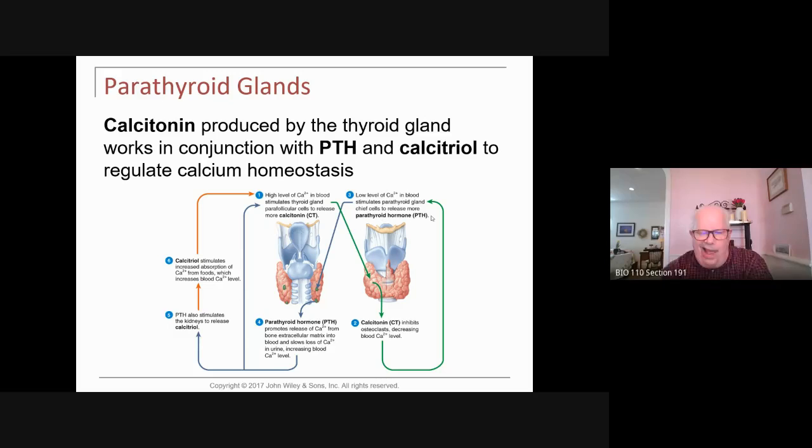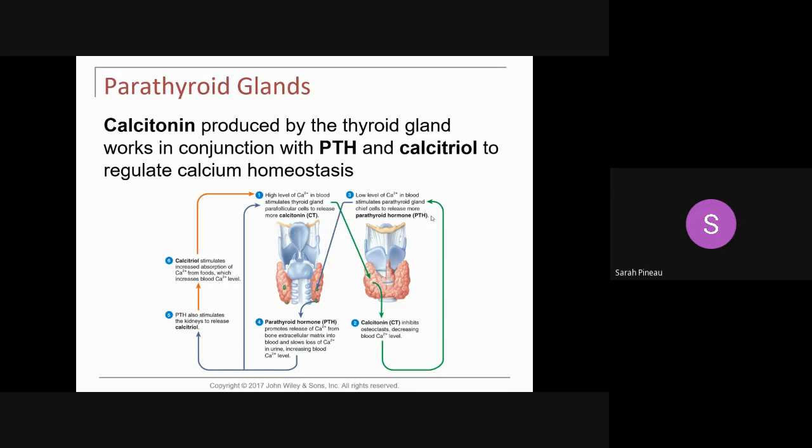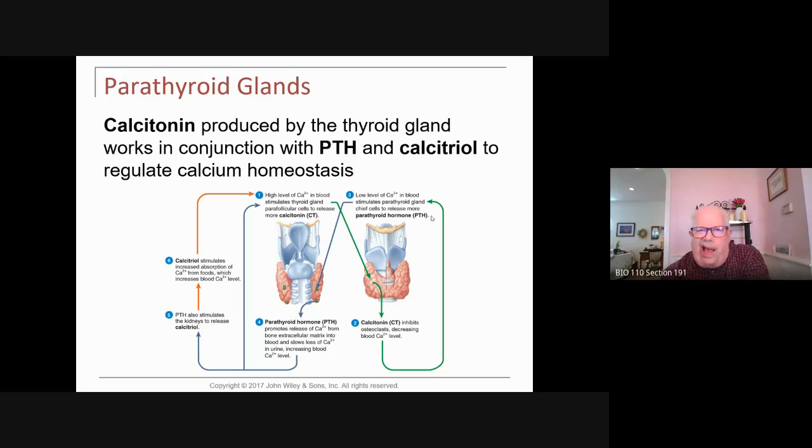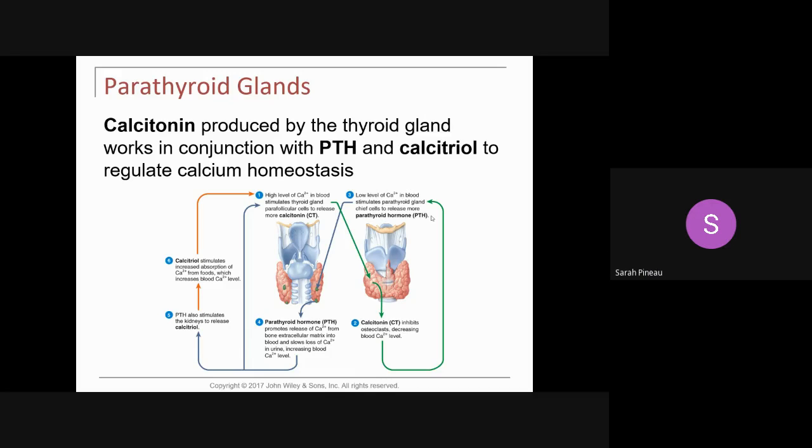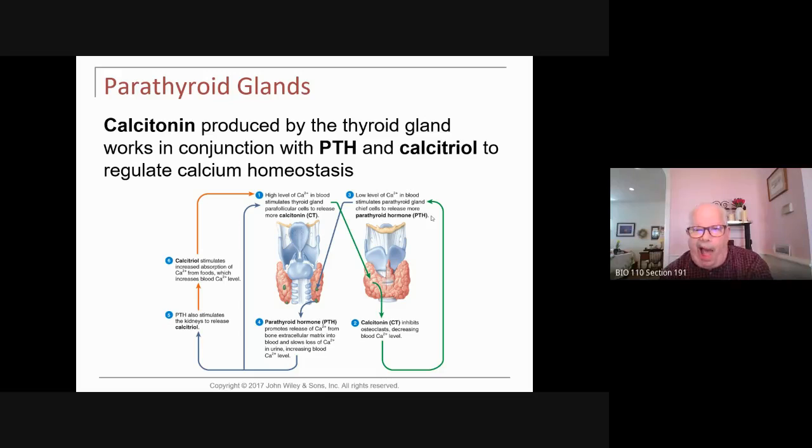Okay. Listen, Sarah, remember bone metabolism? Vaguely, right? Do you know which cells make bone? Isn't it like osteocytes or something like that? Osteoblasts. The B is for building, osteoblast.